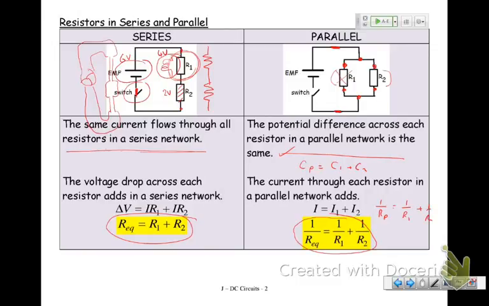And you learned before that 1 over CS equals 1 over C1 plus 1 over C2, and now you're learning that RS is equal to R1 plus R2. They're the opposite methodologies, and I just learned it. It makes sense. I can show you why it makes sense. But at some point you have to remember it. So you learn it for one and you remember the other the opposite way around.